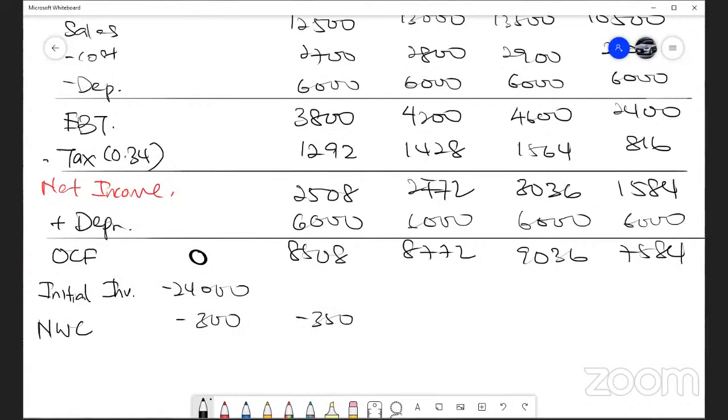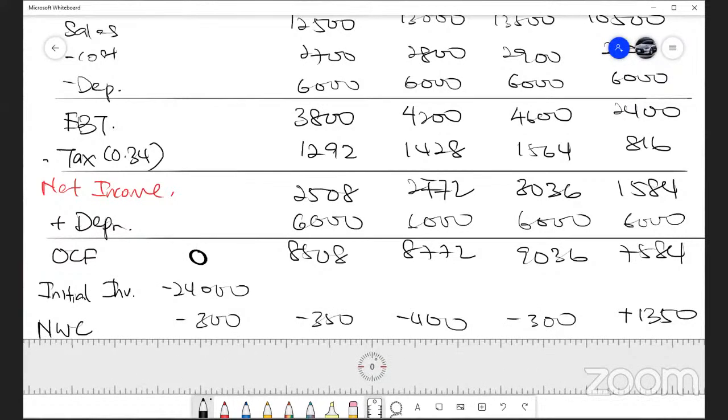Okay, negative 400 and negative 300. Last one not given to you. Why? Because the question tells you all net working capital is recovered at the end of the project. So 300 plus 350 is 650, 650 plus 400 is 1,050 plus 300, 1,350.